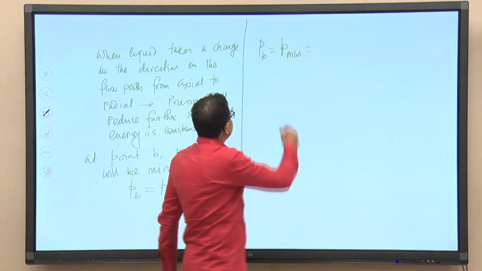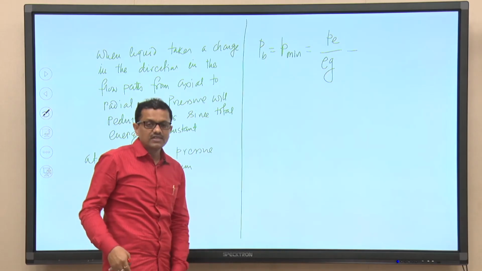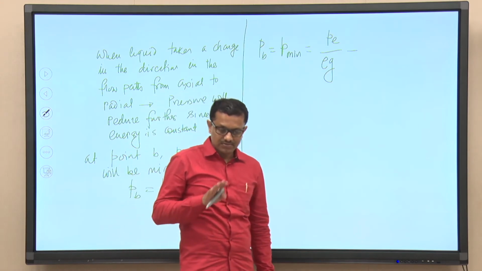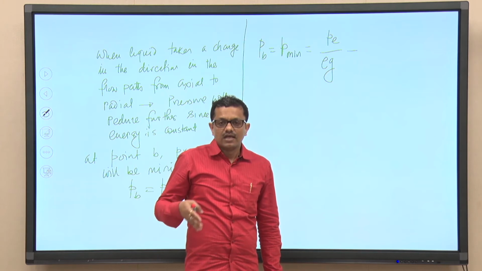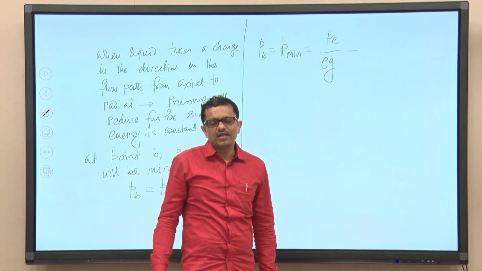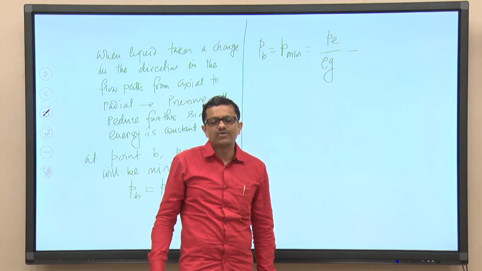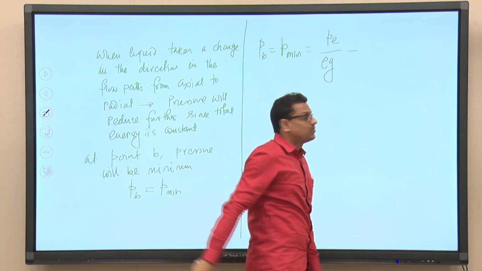So, basically this Pb, P minimum, equal to P by rho g, which is definitely less than P, and that is why our concern is that if pressure at point B becomes lesser than P, then probably we need to take preventive measures to avoid cavitation.